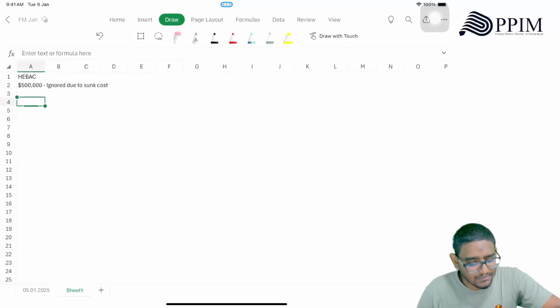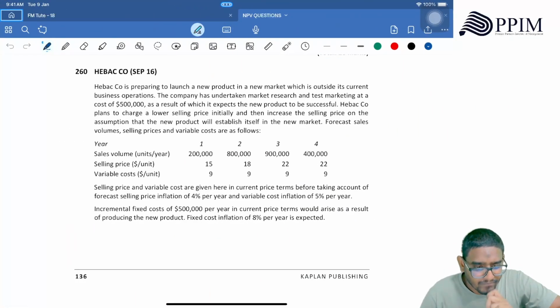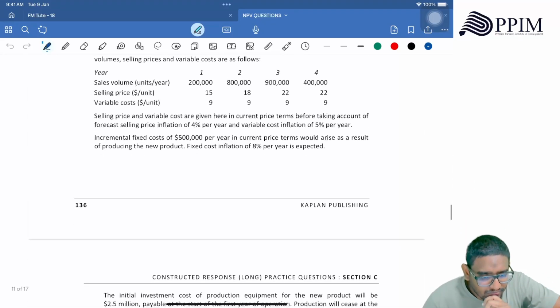Then what happens? Then let's go back to the tute. So it says HEBAC plans to charge a lower selling price initially, then increase the selling price on the assumption that the new product will establish itself in the new market. Forecast sales volumes, selling prices, and variable costs are as follows. So sales volumes are given, selling price is given, variable cost is given.